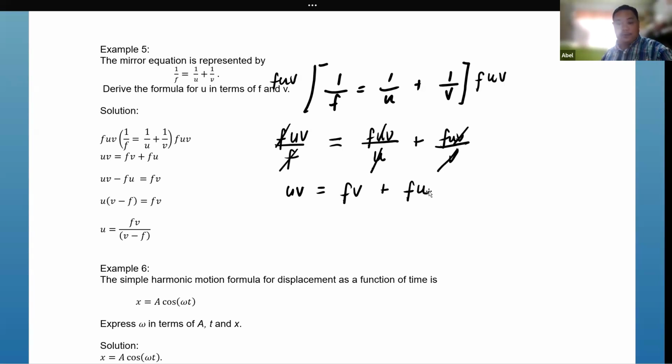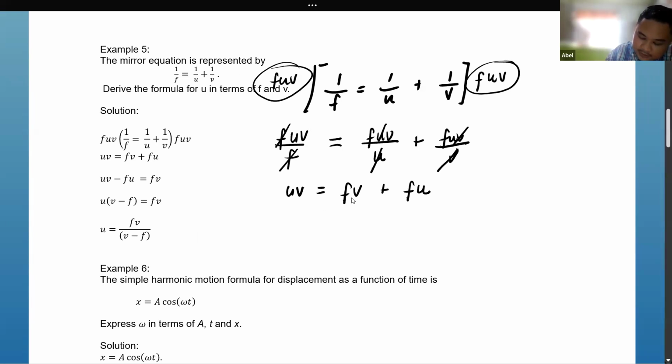Now, by the way, I just want to remind you that you can only do this in equations, but not in expressions, when you multiply on both sides. Again, equations only, but not in expressions. So here, uv equals fv plus fu. Since we're looking for u, we need to group the variables with u.